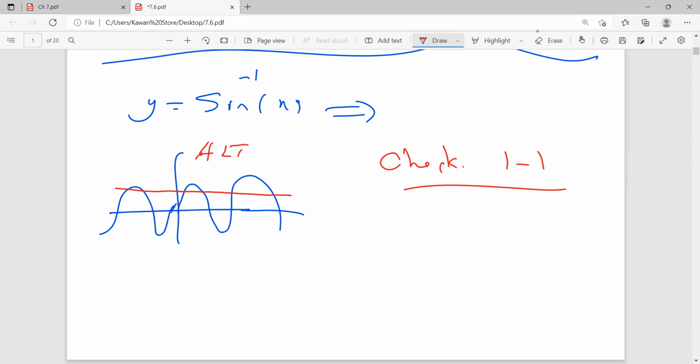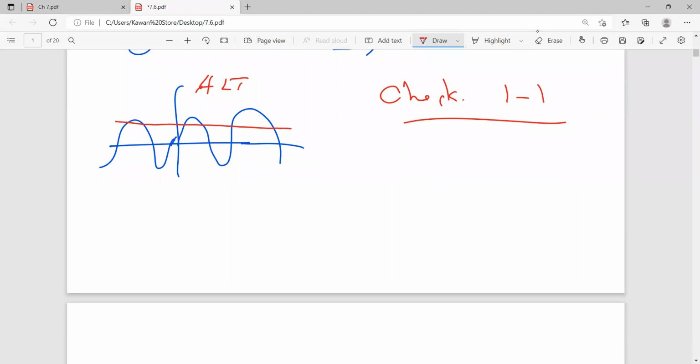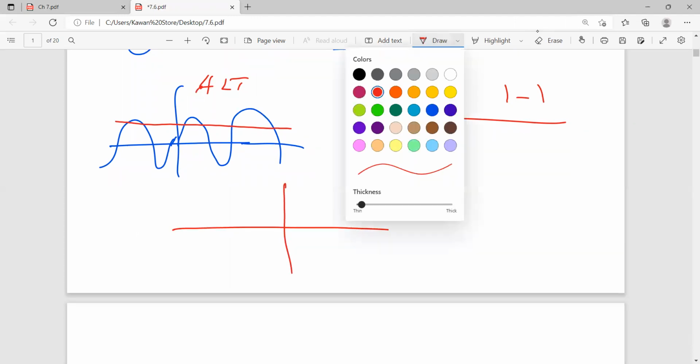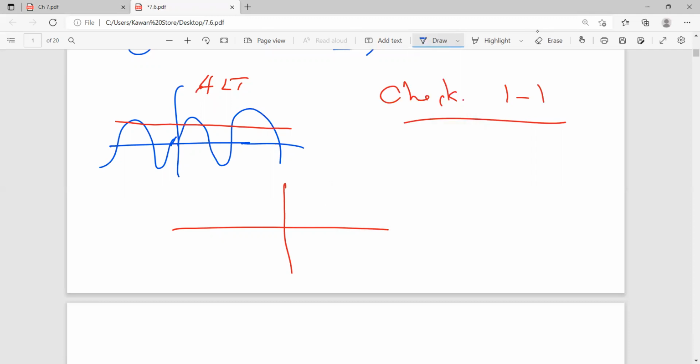That's the beginning. Okay, so for that purpose, I'm going to cut, or we can say restrict, our domain from here to here, from pi over 2 to minus pi over 2. Understood?